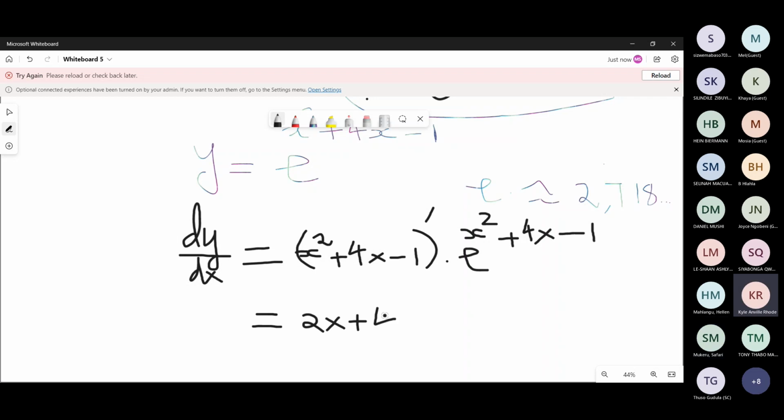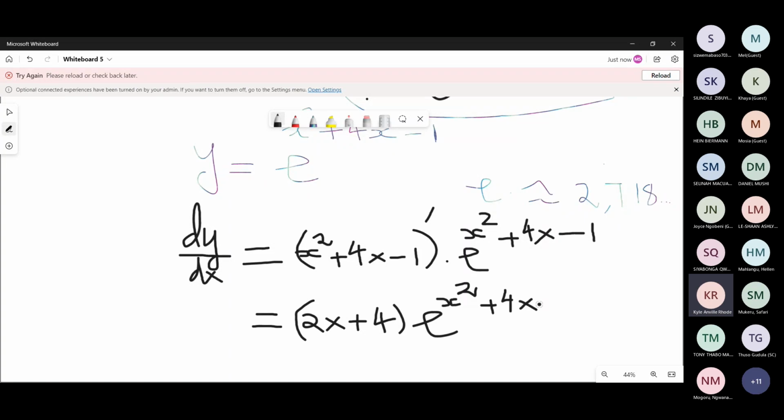Great. Plus 4 multiplied by e to the power of x squared plus 4x minus 1. Good.